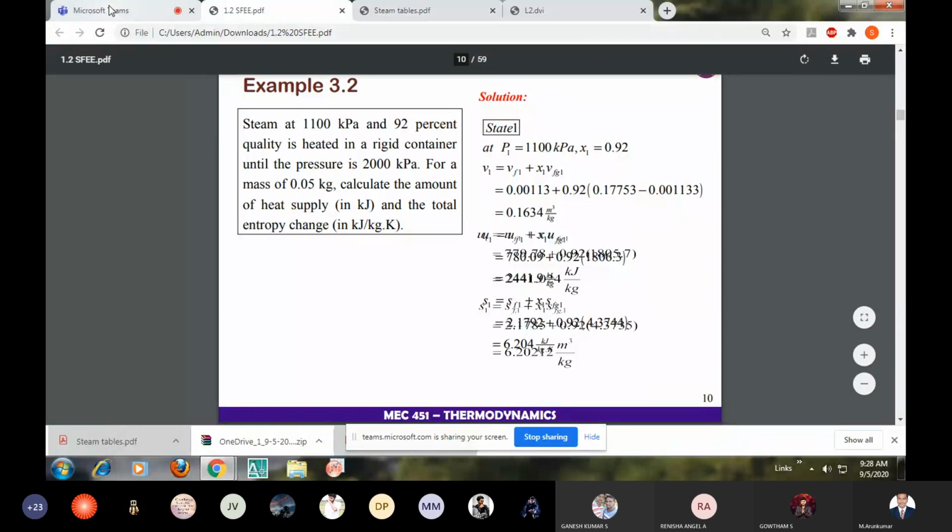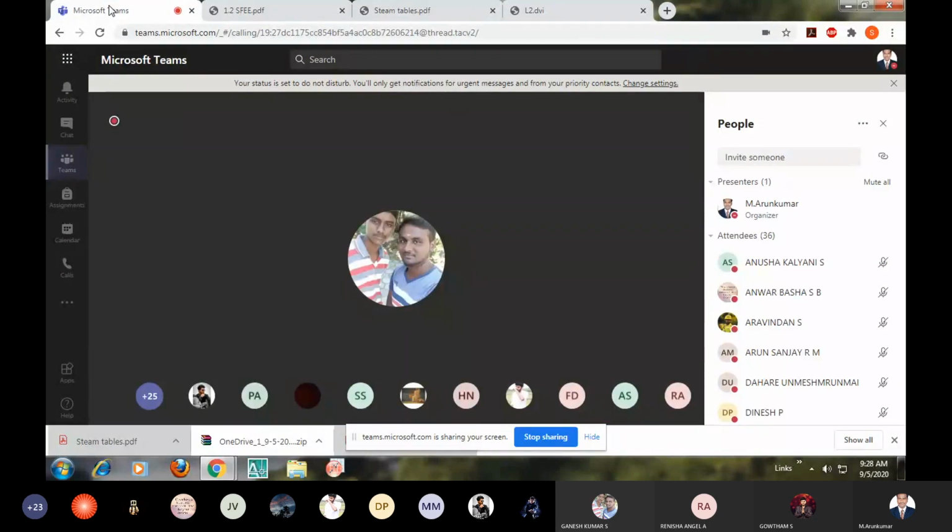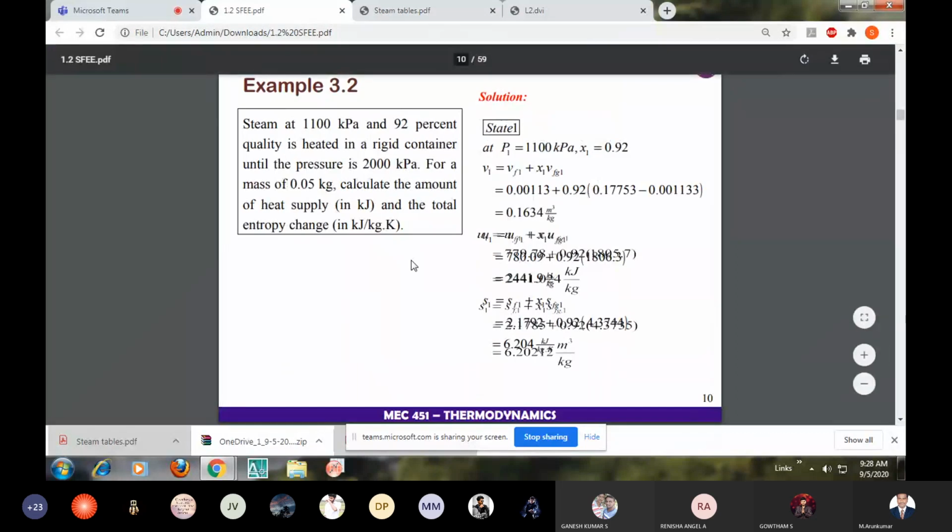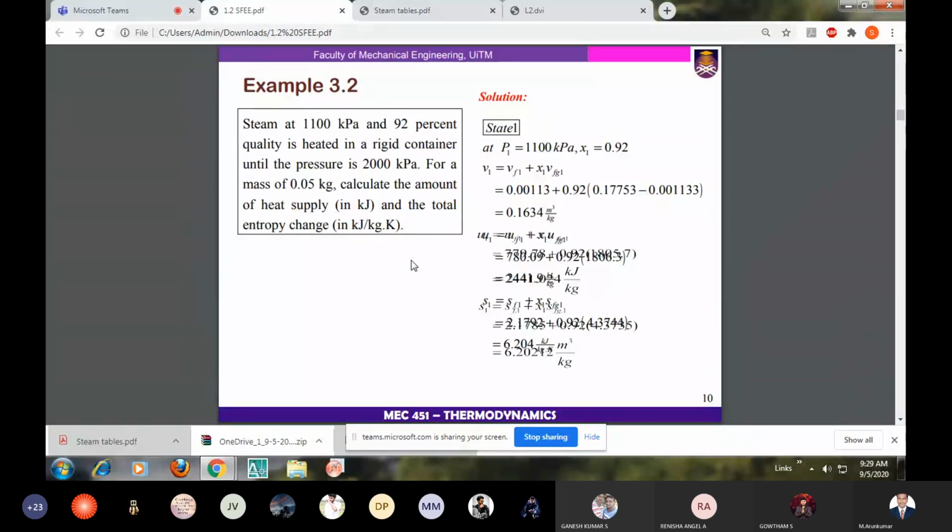We have to have the unit in megapascal, right? So take the values: P1 is equal to 1100 kilopascal, then X1 is equal to 0.92. We can use these properties to get the specific volume by using this formula.